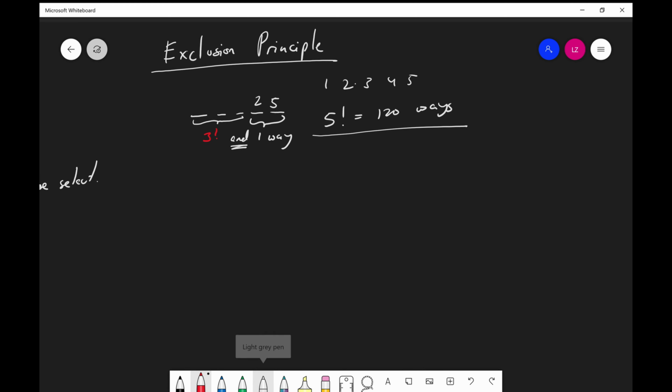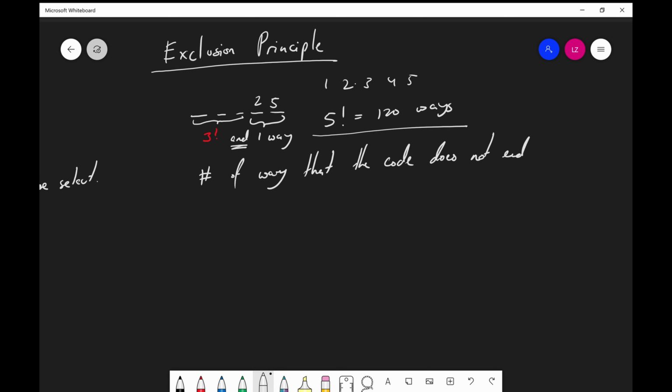Therefore, to find the number of ways that the code does not end with 25 is 5 factorial minus 1 times 3 factorial.